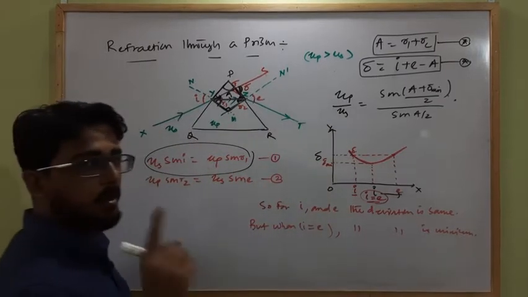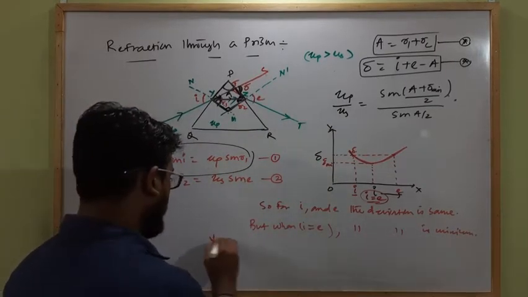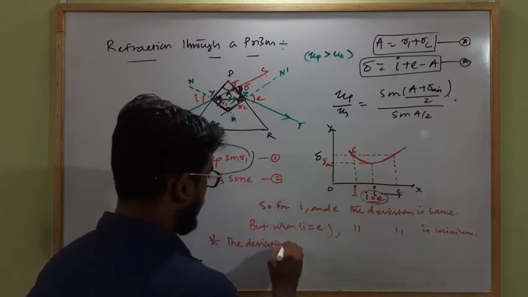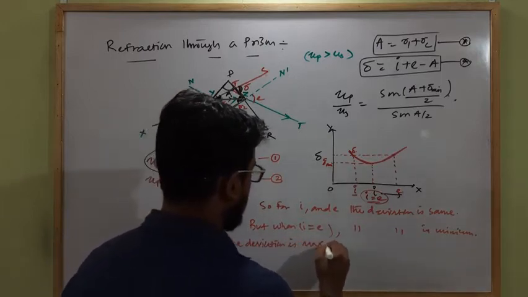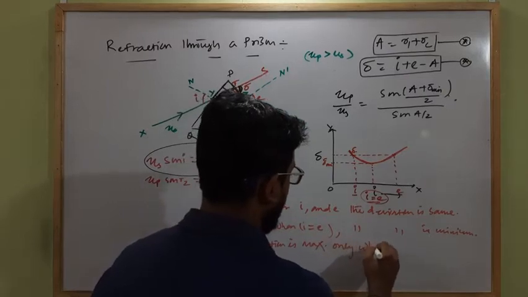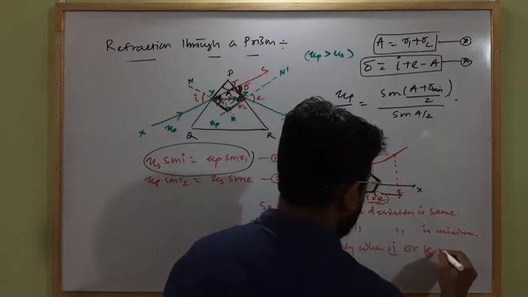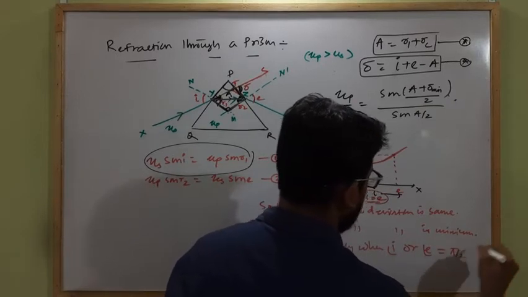So when the deviation will be maximum, you have to remember this: the deviation is maximum only when angle i or angle e is equal to 90 degrees. Clear?